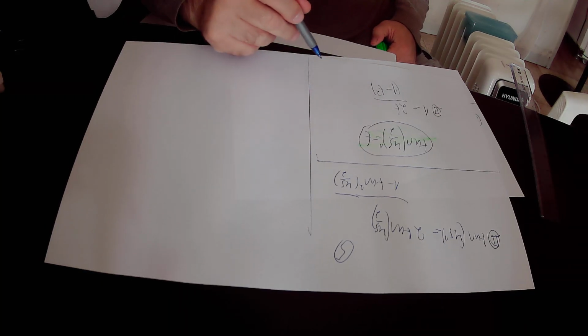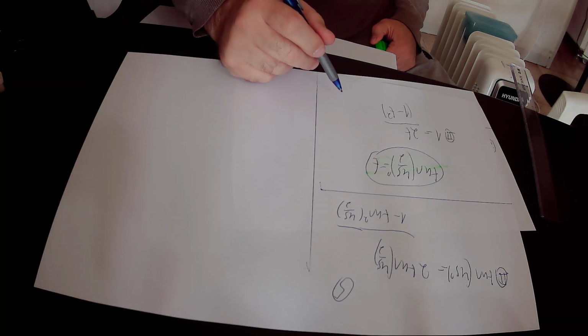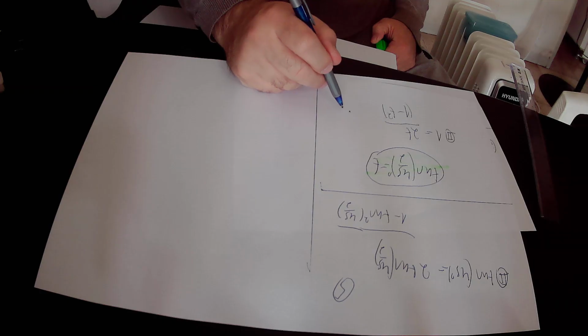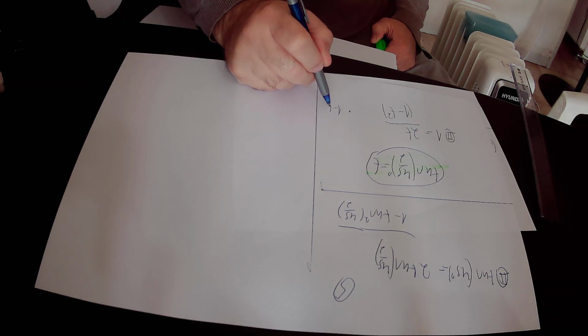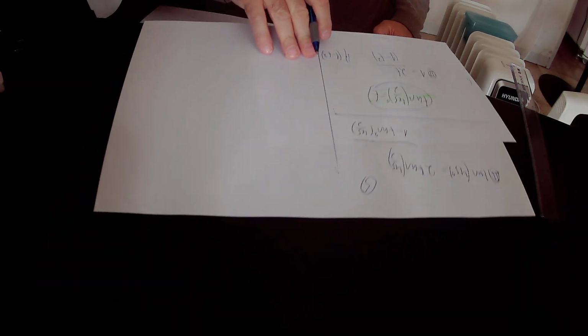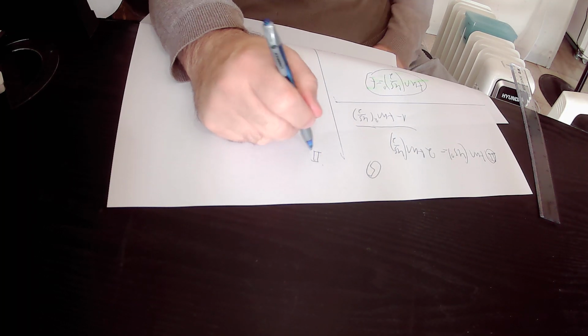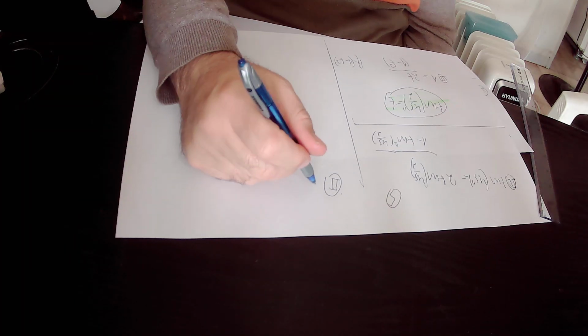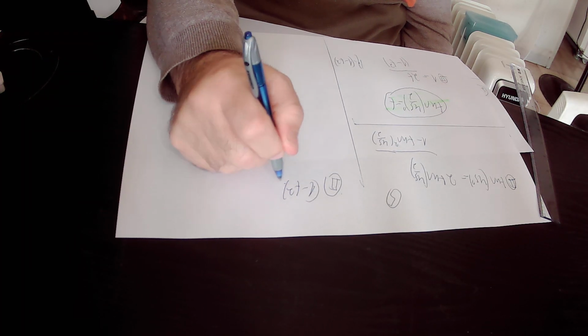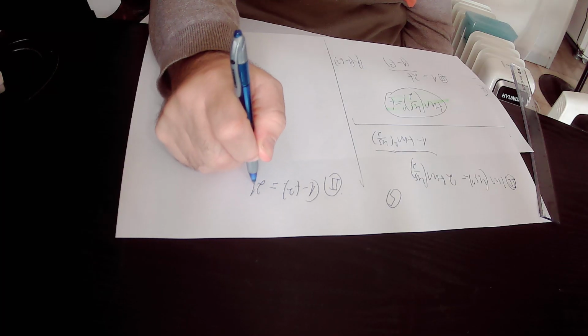In conclusion, we found out that according to equation number 2, 1 equals 2t over 1 minus t squared. Here we multiply this equation, equation number 2, by 1 minus t squared, and we get that 1 minus t squared equals 2t.